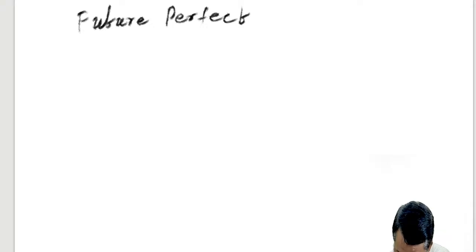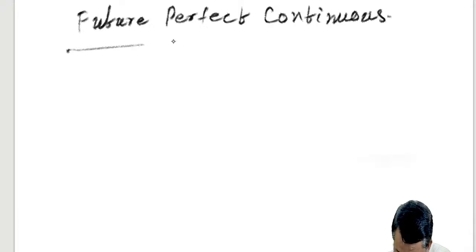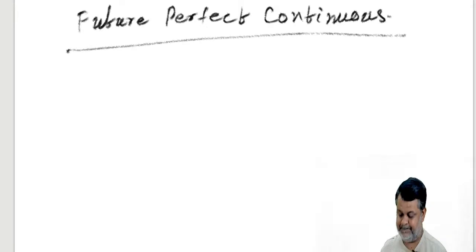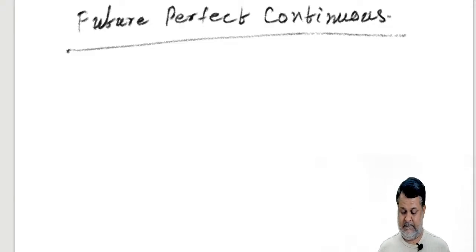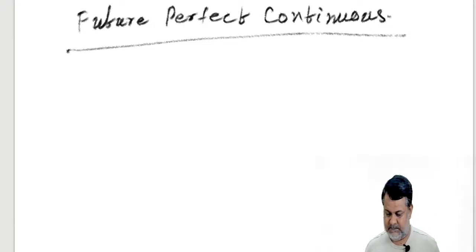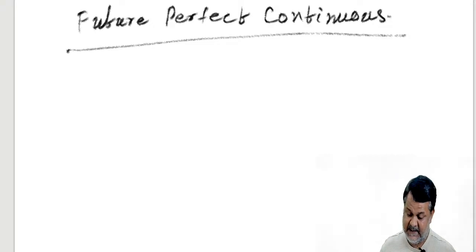Now comes the third one, the future perfect continuous. So what would this be?